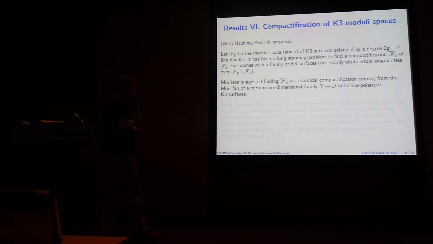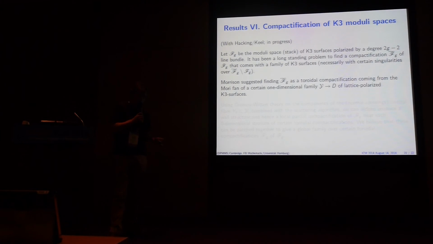Now, there are some old ideas of David Morrison from the 90s that suggest that you can actually use mirror symmetry to try to construct compactifications of moduli spaces of Calabi-Yaus. And the idea, very roughly, is that if you think of taking the mirror family to, say, a K3 surface polarized of this degree, the mirror family is a one-dimensional family of lattice polarized K3 surfaces.